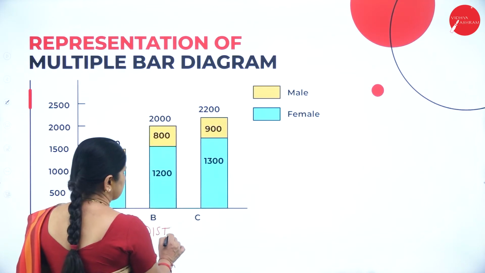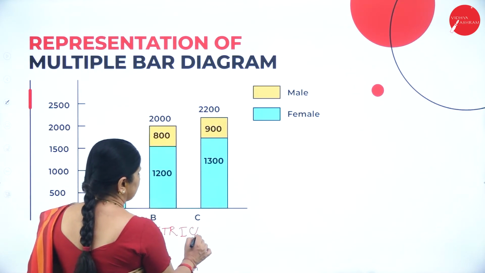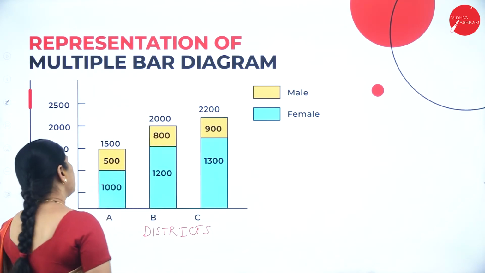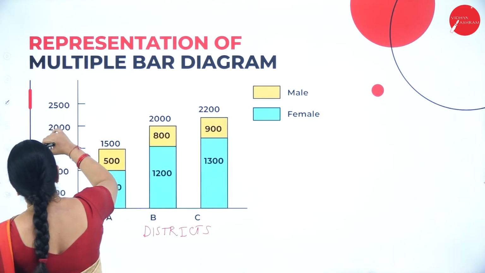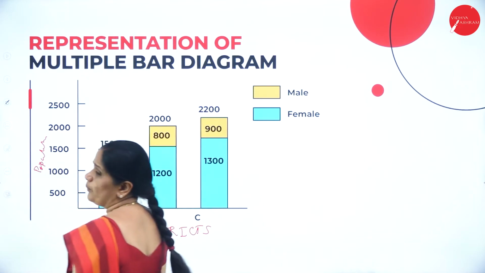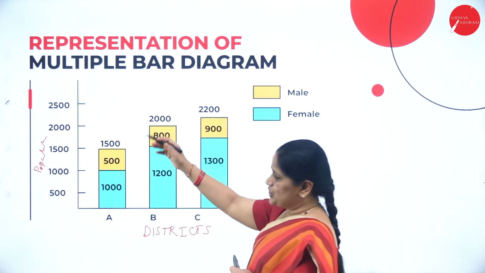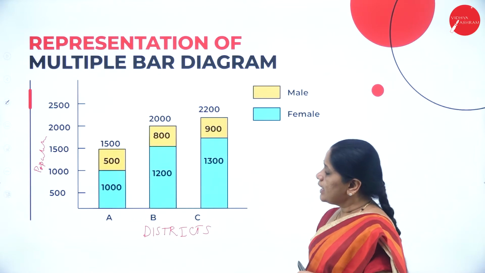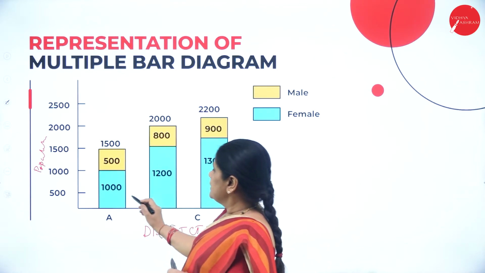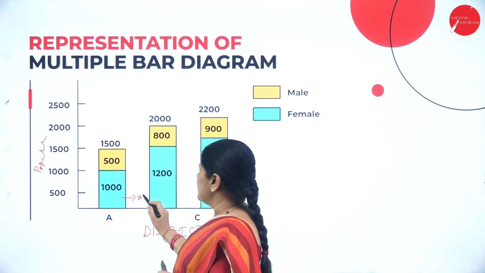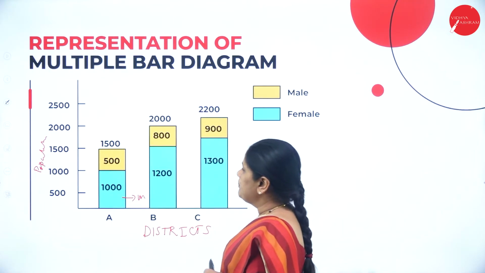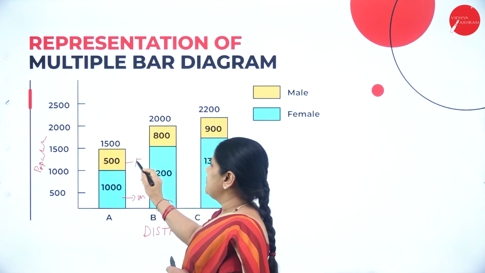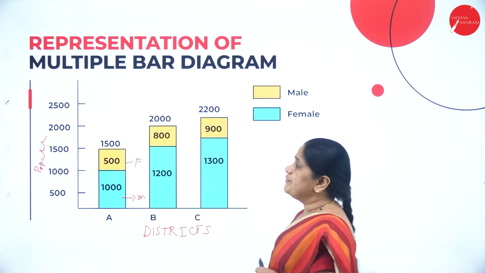These are the districts mentioned on the x-axis, and then we have the population here. The total population of the various districts is pictured on the y-axis. Now, in district A, this 1000 represents the number of males in district A, and 500 represents the number of females.